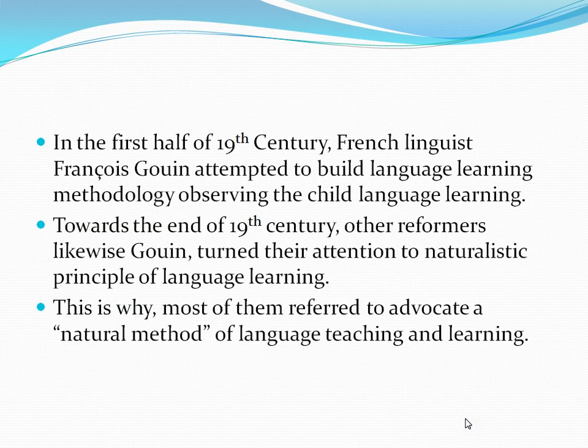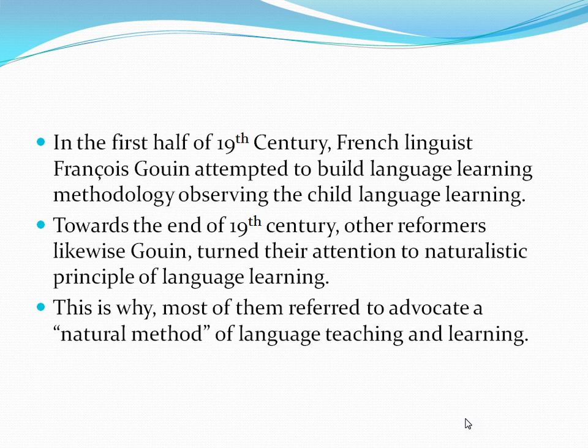In the first half of the 19th century, French linguist Francois Gouin attempted to build a language learning methodology by observing child language acquisition. We have told this earlier. Actually, Francois Gouin said: does a child attend school? Does a child know grammar? So how do they learn their first language?